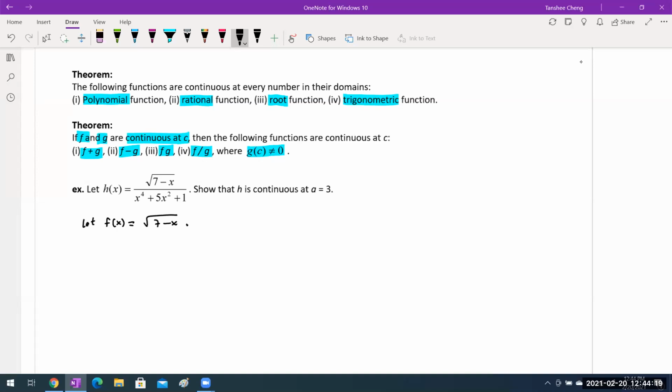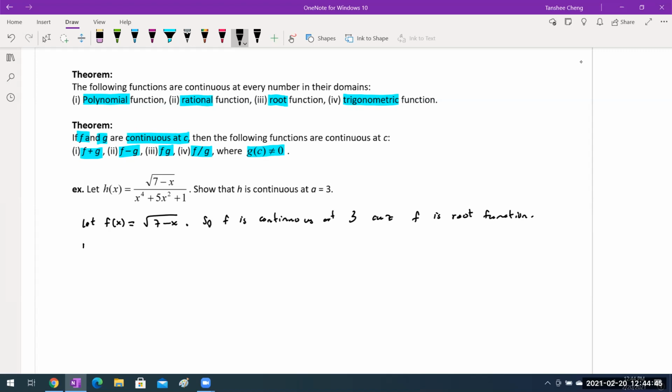Therefore, I can say that f is continuous at 3 because f is a root function and 3 is within the domain of this root function.